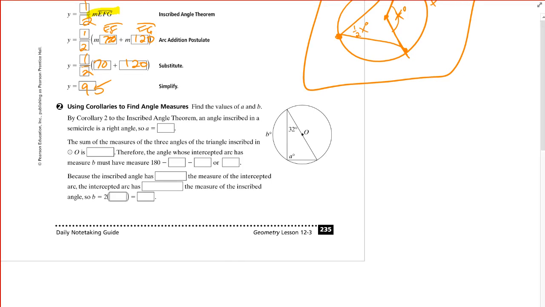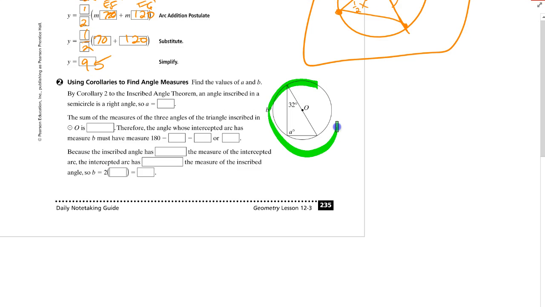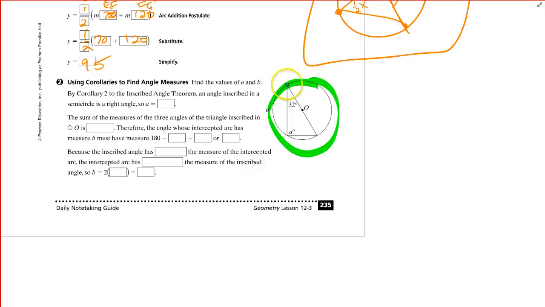So now, here's where it gets good. It looks like we don't have much information about this circle, but wait, look at this. Do you see that there's a line going straight across that I would call the diameter? Well, it's still a chord, and when a chord is the diameter, then we have a semicircle.